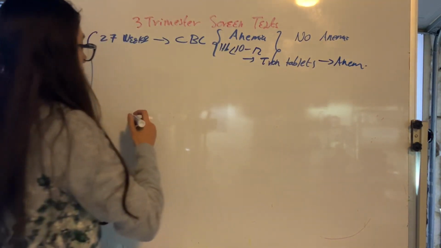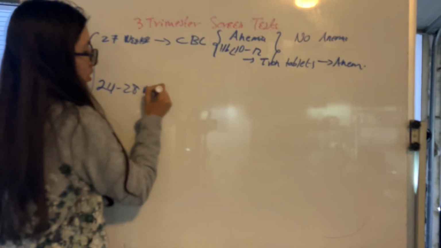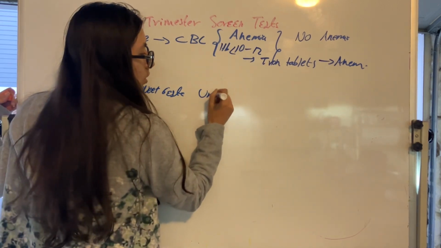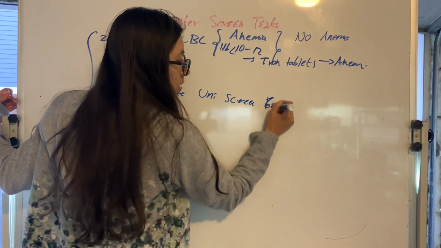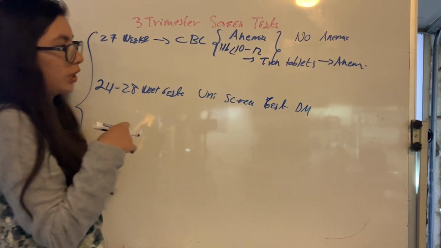Then during 24 to 28 weeks gestation, we do the universal screen for gestational diabetes, which we reviewed in the previous video.